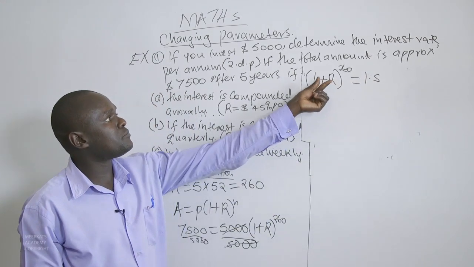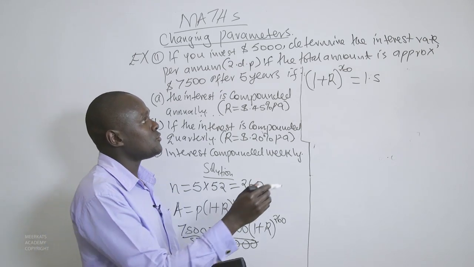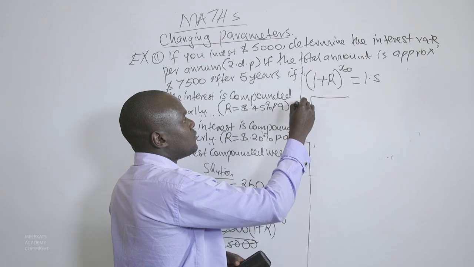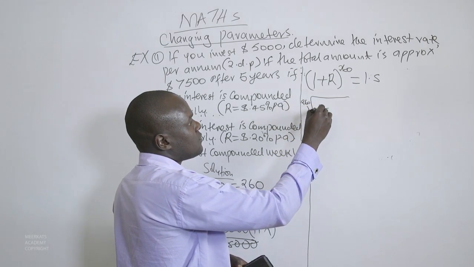To remove this power here, we introduce the 260th root on both sides.